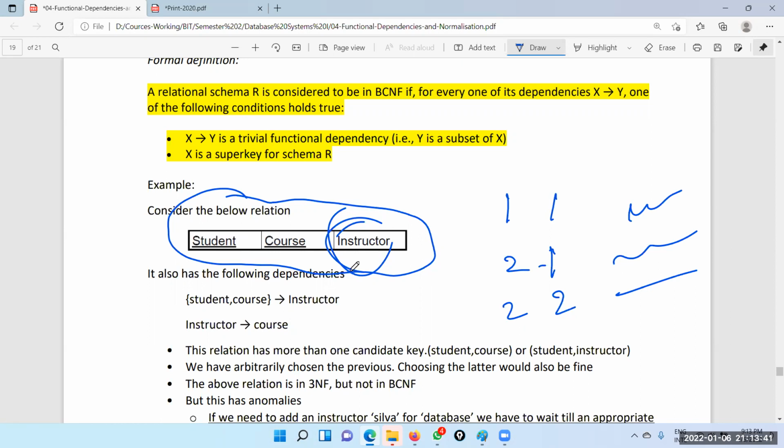Now, if you have the instructor in this table, that is not a good thing to do. The reason is, if there's an instructor who does not belong to any course or is not assigned to a student, but the instructor is there, now you can't say student ID is null, course ID is 1, and instructor is this. You can't have null values for primary keys. And also you can say student ID is Nimal, but course is null because we don't know. So don't do that.